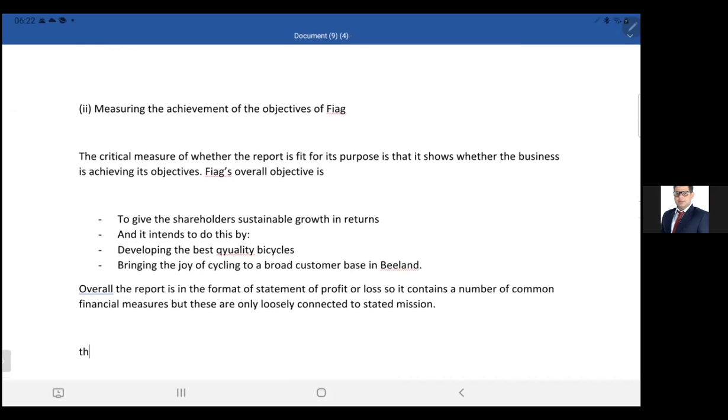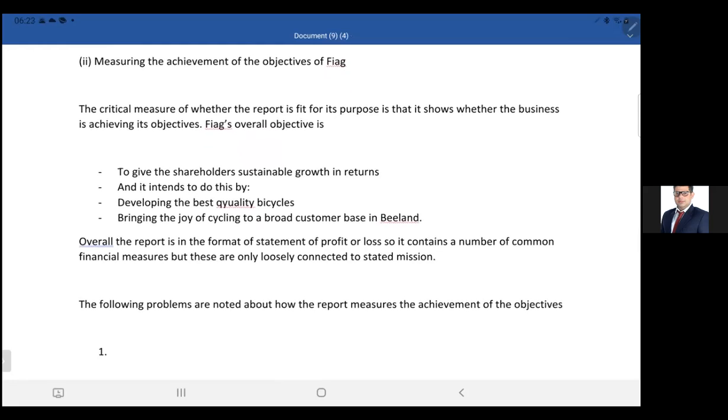The following problems are noted about how the report measures the achievement of the objectives.